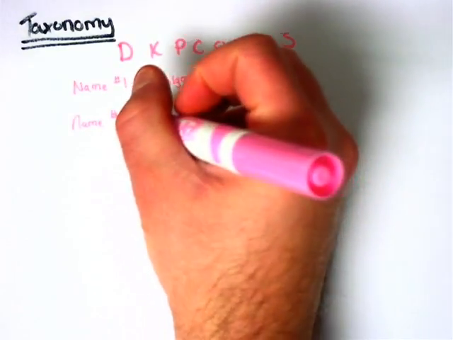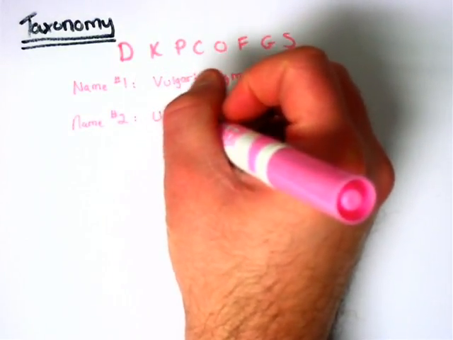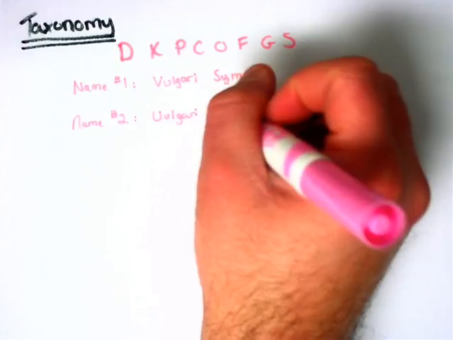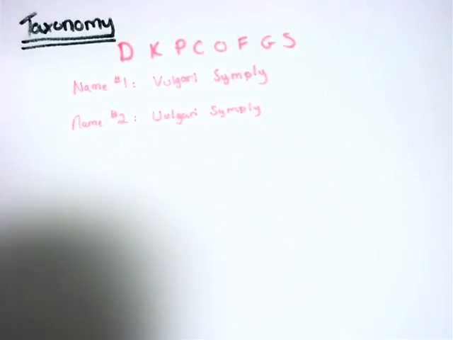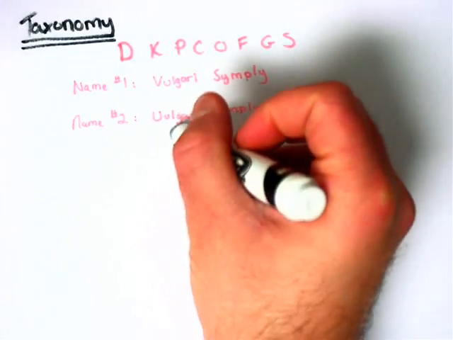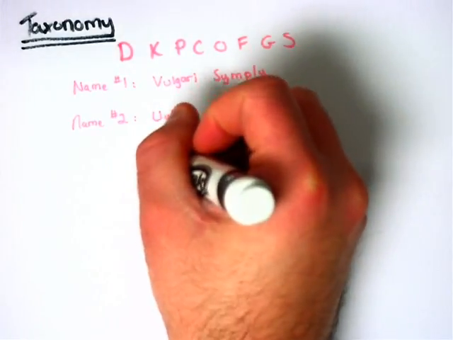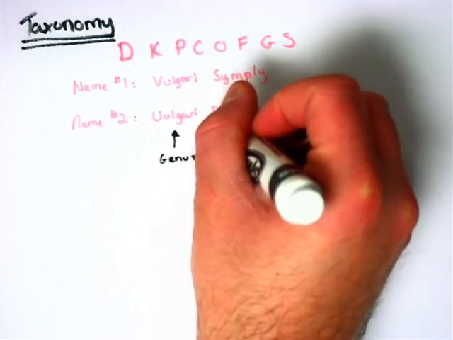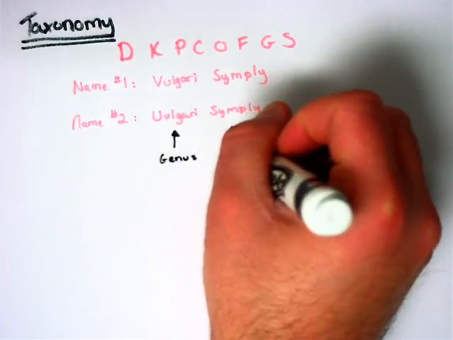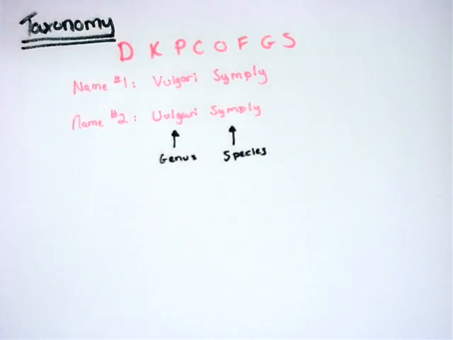And the next one is Bulgari simply. Both of these have the same genus name. Remember, the genus name is always first, and then after that you have your species name. And if two members are of the same genus, then they're closely related, right? So they both have the same genus name, so they're closely related.